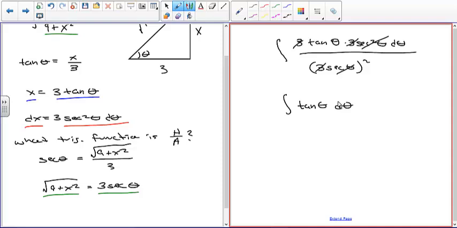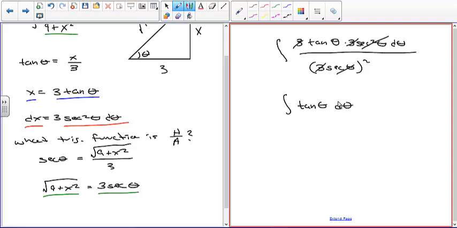So anyway, we came up with the integral. Now, do we have that integral in our tables? The answer is yes. That's one of our integrals.